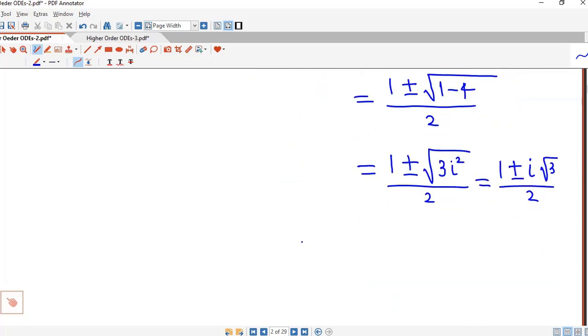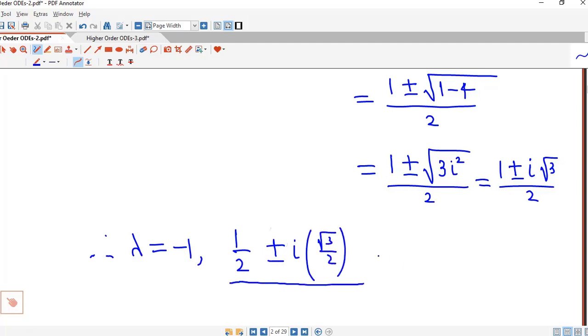So we have 3 roots: one is a real root and these two are complex roots. 1 plus or minus i root 3 by 2, that we can rewrite as 1 by 2 plus or minus i times root 3 by 2. So this is a pair of complex roots.